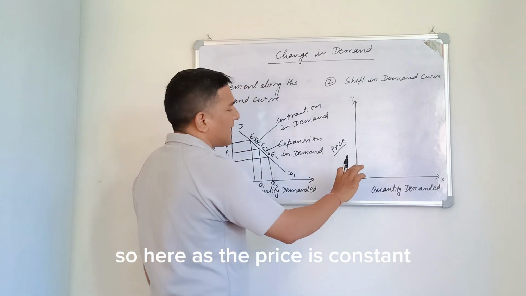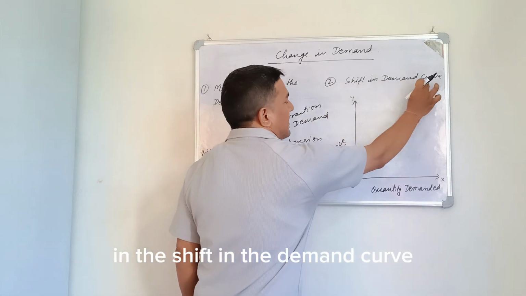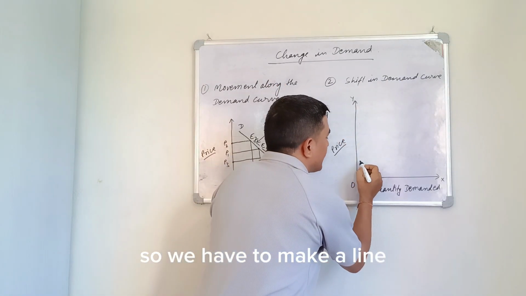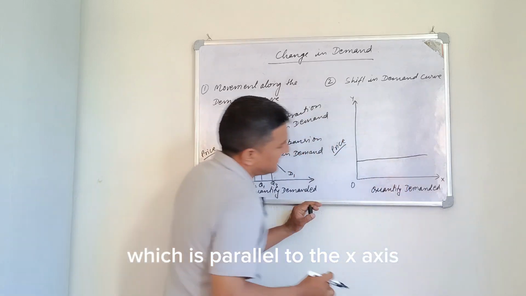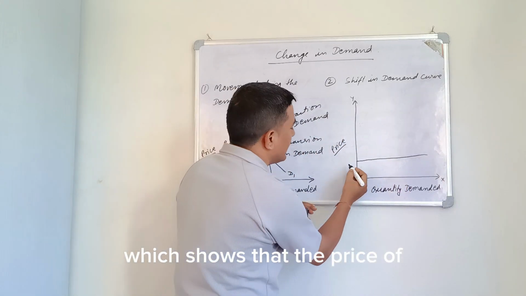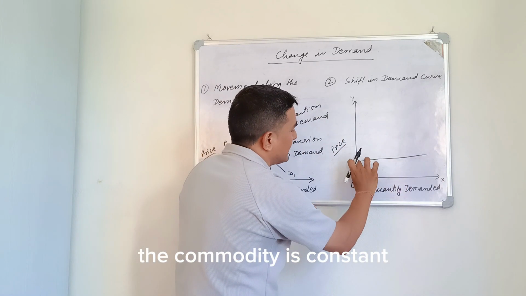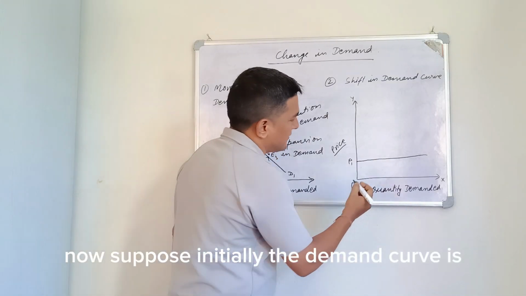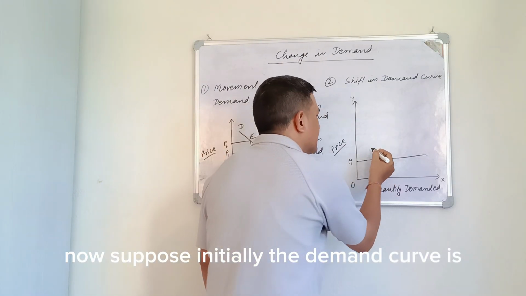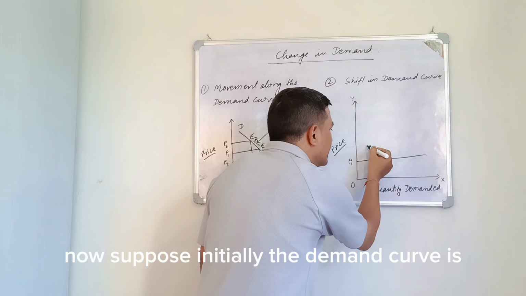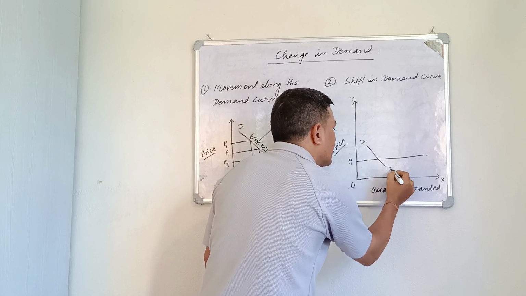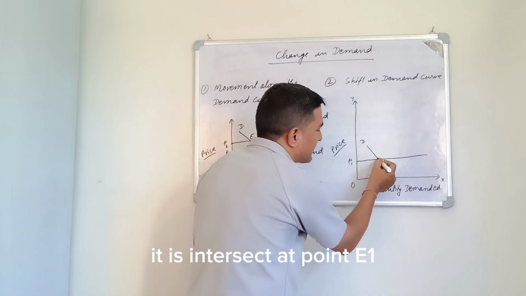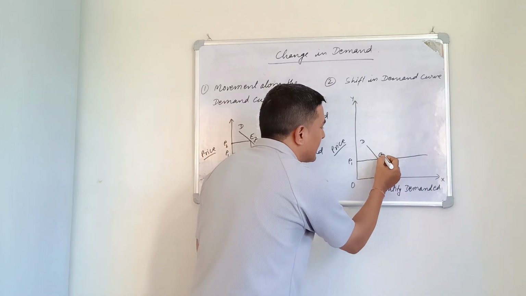As the price is constant in the shift in the demand curve, we make a line parallel to the x-axis, which shows that the price of the commodity is constant, which is OP1. Suppose initially the demand curve is D1, and it intersects at point E1.